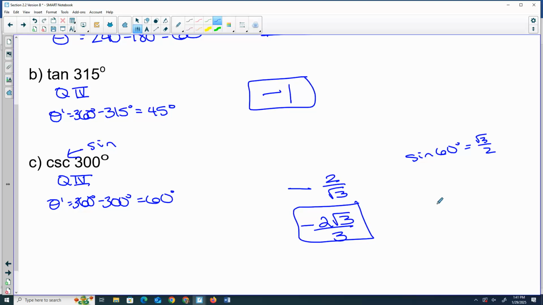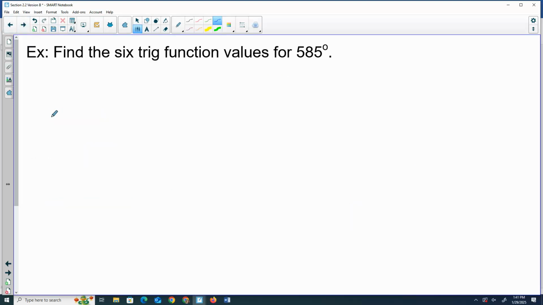What questions do you guys have for me so far? Okay. First one, keep practicing this. So if I ask for the 6 trig functions for 585 degrees, right. What would I need to do to this? I can't even just tell where that is.